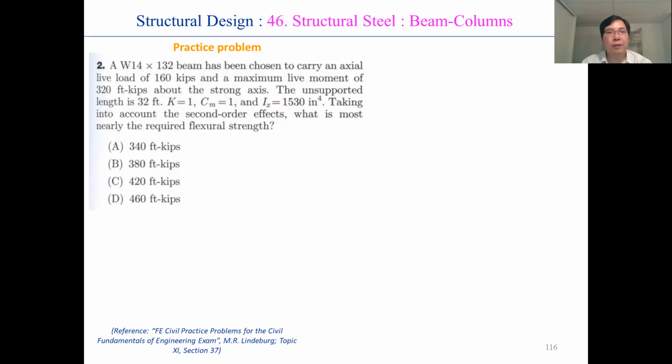The unsupported length is 22 feet, and they give you another value of Cm. Taking into account the second order effects, what is the most nearly required flexural strength?